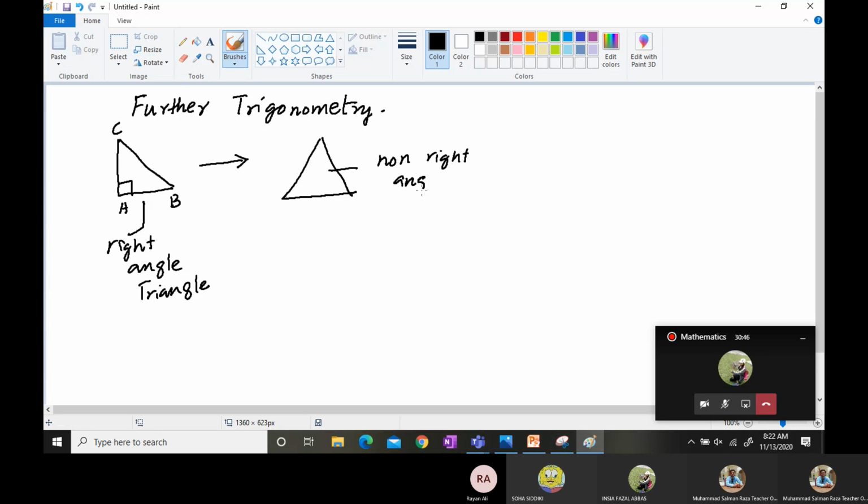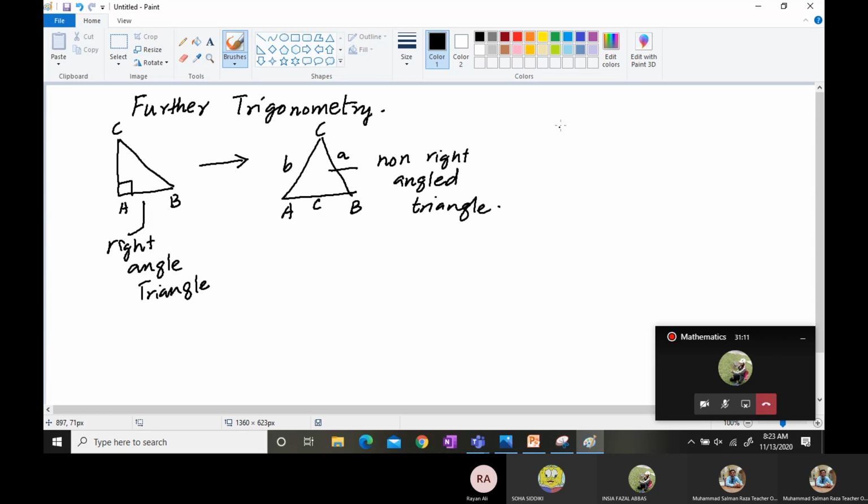What usually happens when non-right angle triangles are here is that things change a little. Now ABC is the same, but no angle will form 90 degrees over here. That's why students become a little confused about how to solve these types of figures.